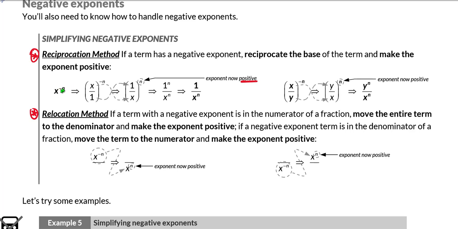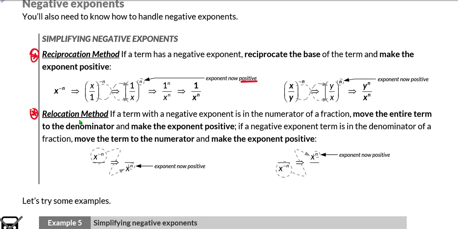So x to the negative n could be written as 1 over x to the positive n, could be written as distributing that outside exponent, 1 to the n over x to the n, which finally could be written as 1 over x to the n. That is the reciprocation method in a nutshell. Obviously, if your base is a fractional base, it's probably even simpler. You just reciprocate the fractional base, apply the outside exponent, and x over y to the negative n becomes y to the n over x to the n.